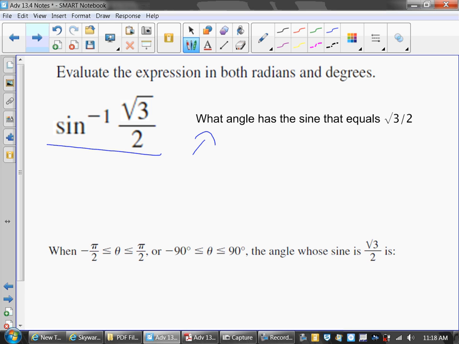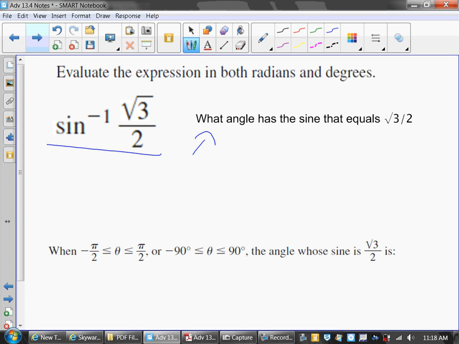So when you're thinking about what that means, since it is a sine value, you have to look at the quadrants, and you want to figure out what angle has a sine value that is root 3 over 2. So, sine values are the y-coordinates. Do you agree?